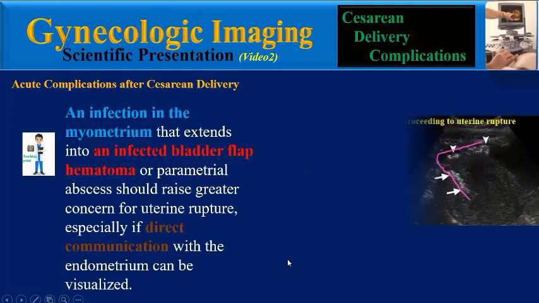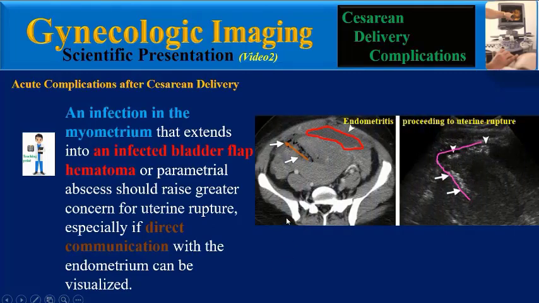An infection in the myometrium that extends into an infected bladder flap hematoma or parametrial abscess should raise greater concern for uterine rupture, especially if direct communication with the endometrium can be visualized.